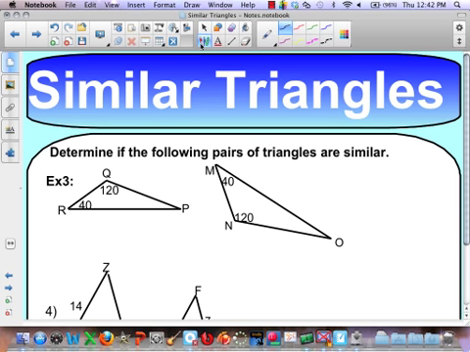So this is yes by angle. So remember, if you have two triangles that have two angles that are the same, then they are similar. They're not necessarily congruent.